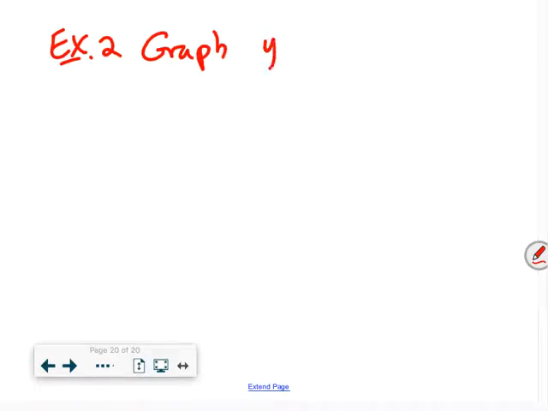All right, graph y equals -3 cosine the quantity x minus 45 degrees plus 2. I'm going to pause a moment and let you get a head start on me. Do as much of this as you can. If you know what you're doing, great, do the whole thing. If you don't, try and get parts of it done.